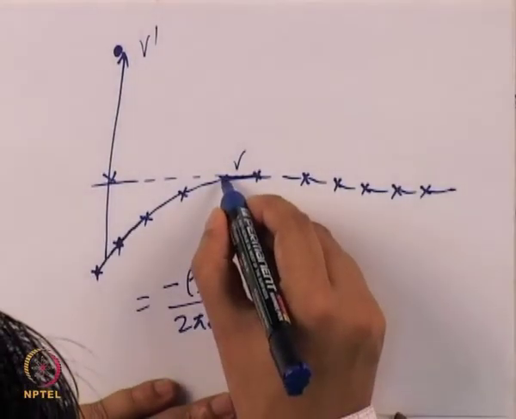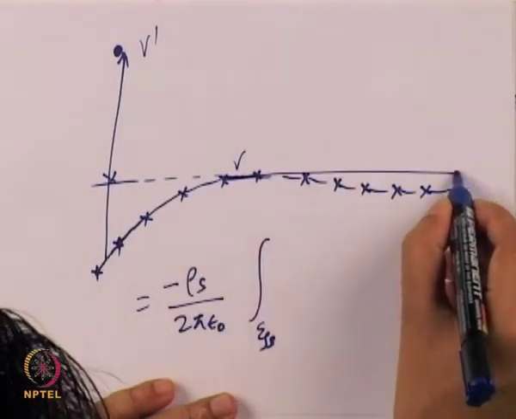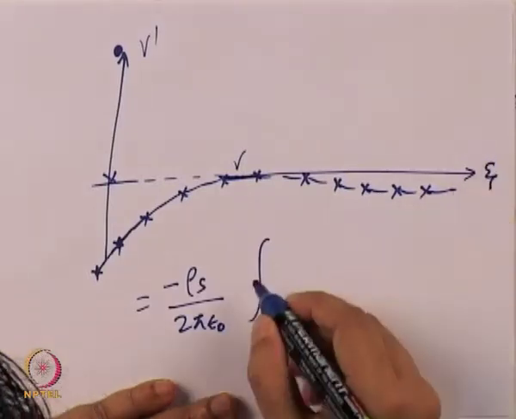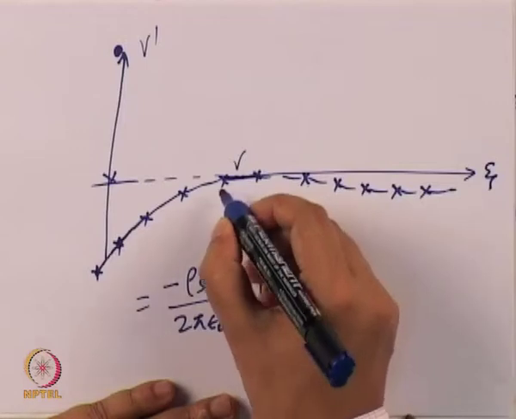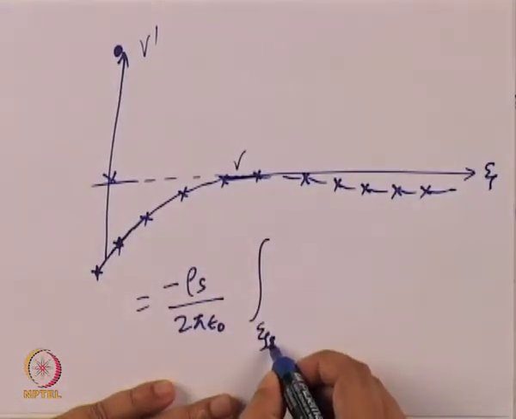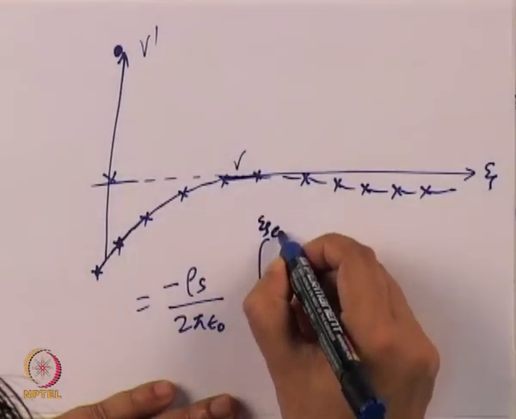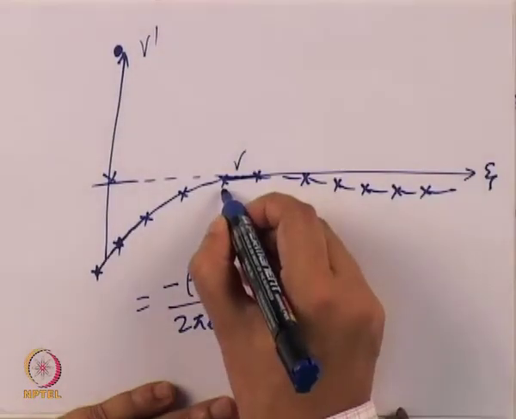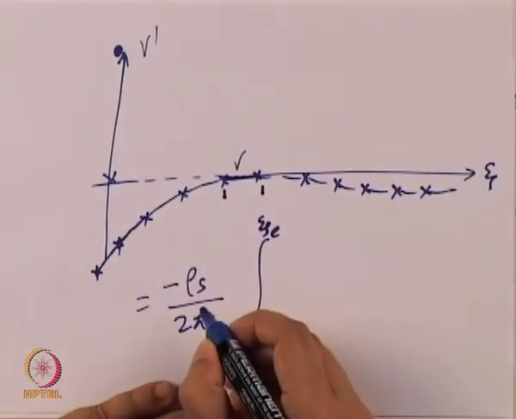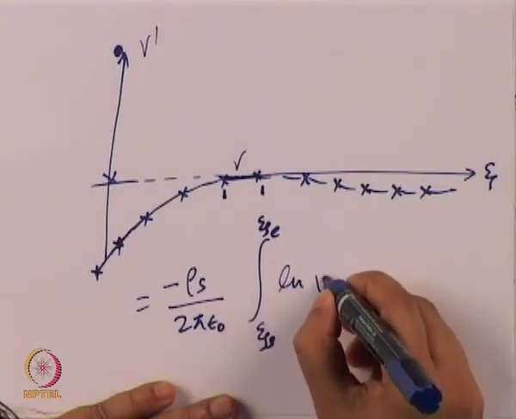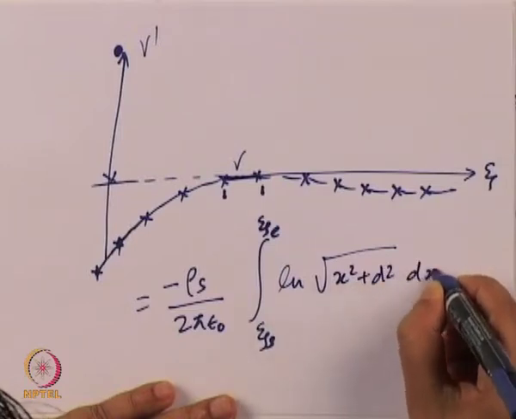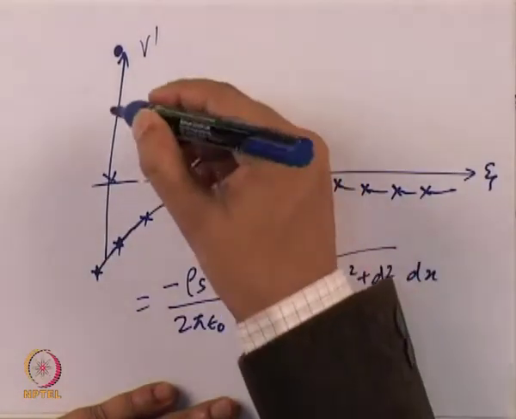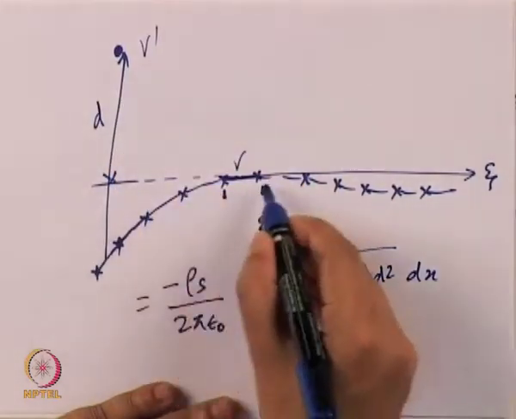If you have this as the zeta direction, this is going to be the starting point and the ending point. So zeta s is the starting point, and zeta e is the ending point for this element, and the integrand is ln of square root of x square plus d square, dx, where d is the normal distance in this arrangement.